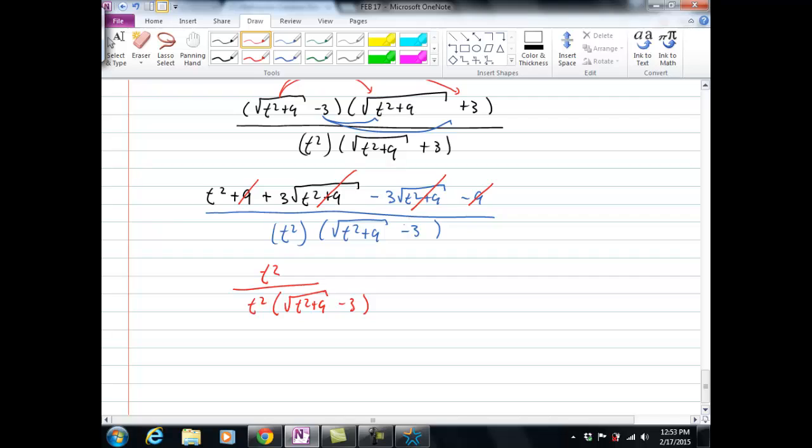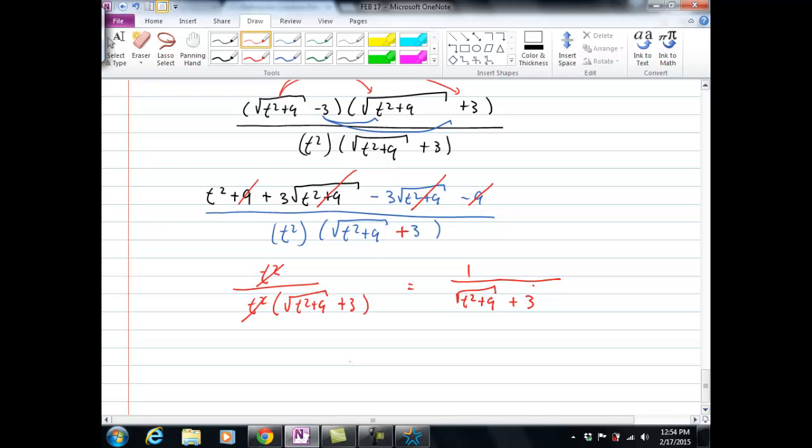Oh, yeah, it's plus 3. And I look and say, hey, look, t squared cancels out again. This is gone. So what I really have left is 1 over the square root of t squared plus 9, plus 3. Look at my work from beginning to end.